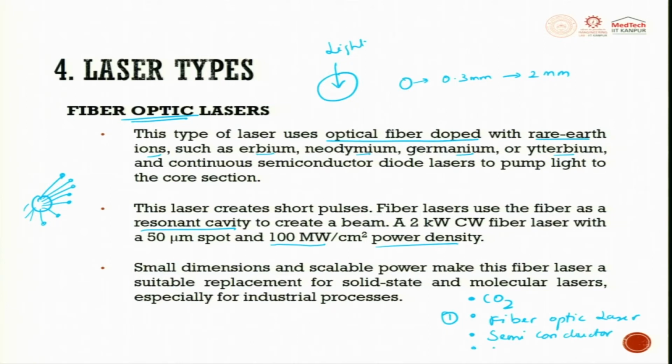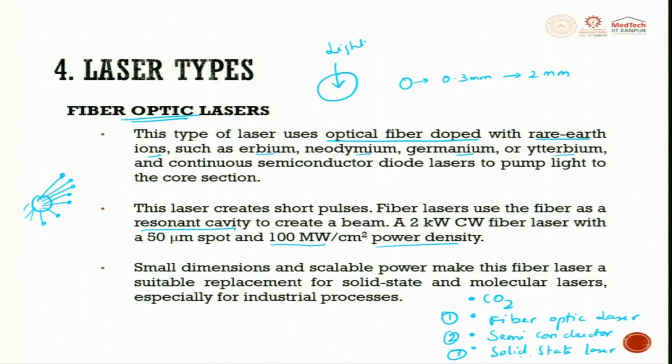The last one we try to use is solid state laser. So, these are the three types which are commonly used in today's additive manufacturing process. For pumping, you use a dye laser. CO2 laser is also slowly dying because of its efficiency and a huge space required for making the setup.